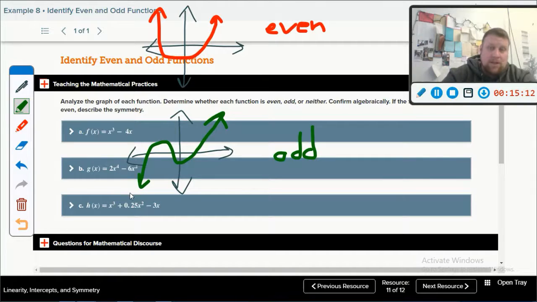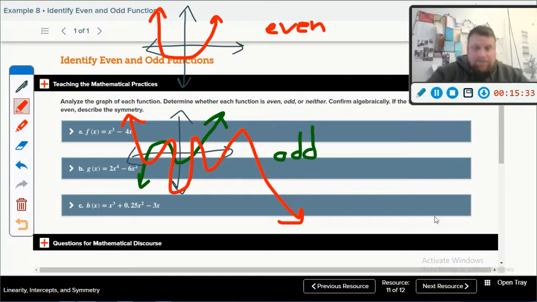So this one, the left side's pointed down, the right side's pointed up. That's an odd function. And again, it doesn't matter how weird it gets in between. See how weird that got? But guess what? It is an odd function. So there we go. That is the difference between even and odd functions.